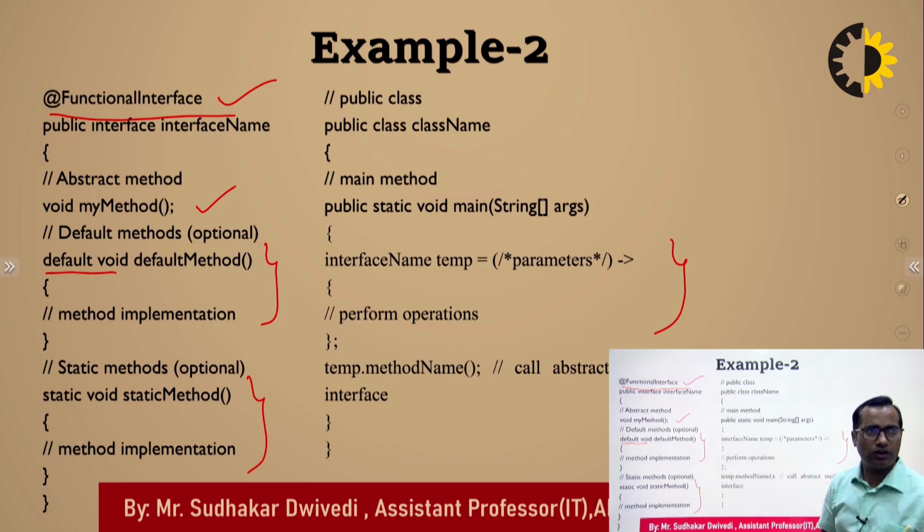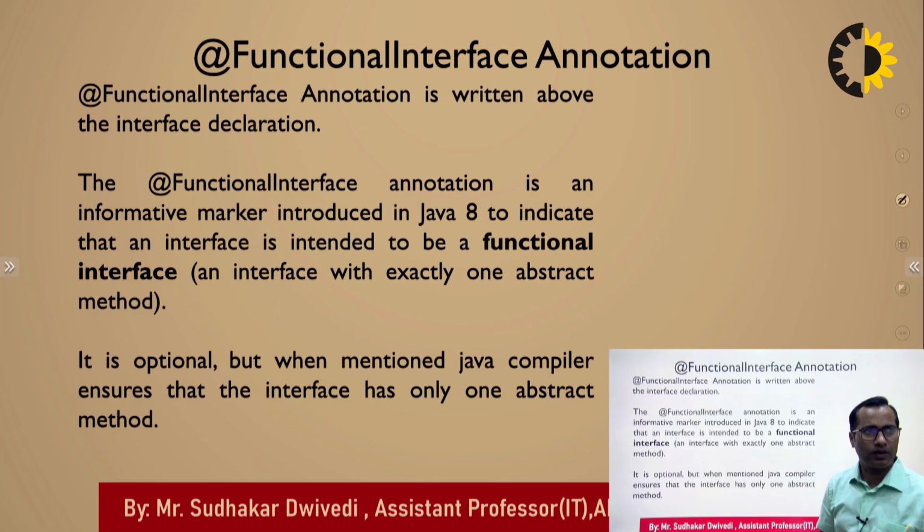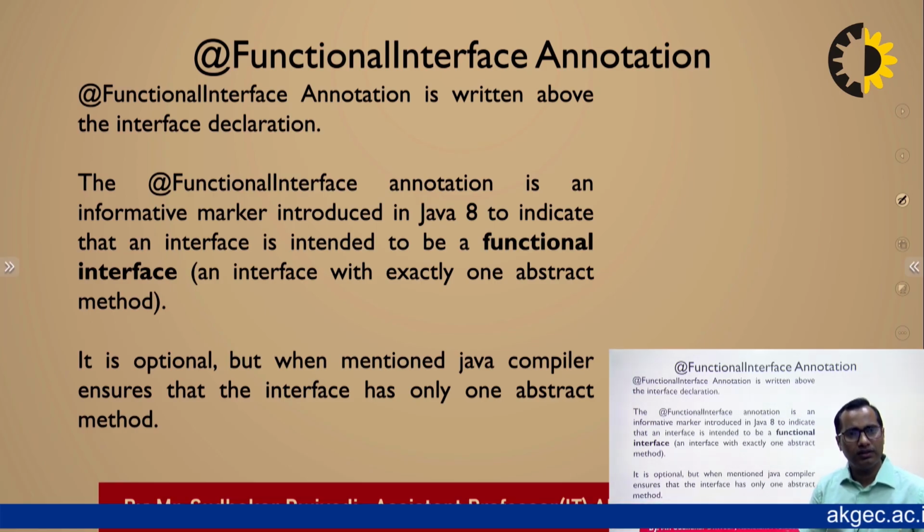What is the purpose of mentioning this annotation? So the @FunctionalInterface annotation is written above the interface declaration. And what is the purpose of this declaration? It is to just inform the compiler that this interface that we are going to write will contain only a single abstract method because it's a functional interface.